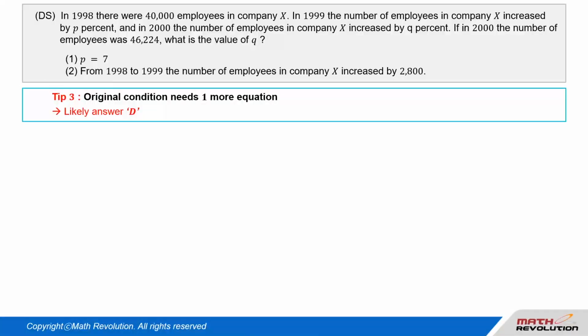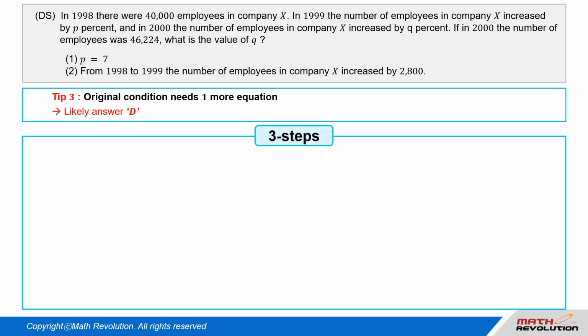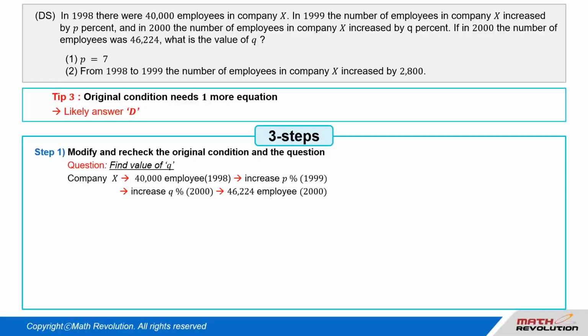Solution. Now we will solve this DS question using the variable approach. Tip 3. If we need one more equation, we will get D as the answer. Let's apply the 3 steps suggested previously. Follow the first step of the variable approach by modifying and rechecking the original condition and the question.